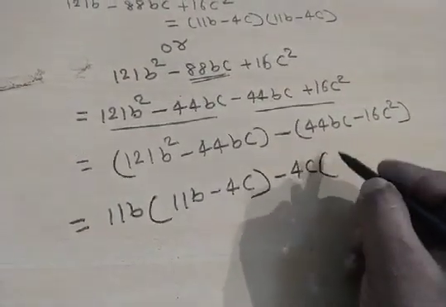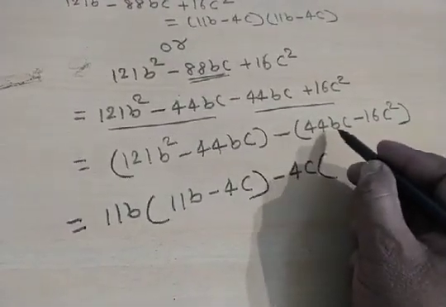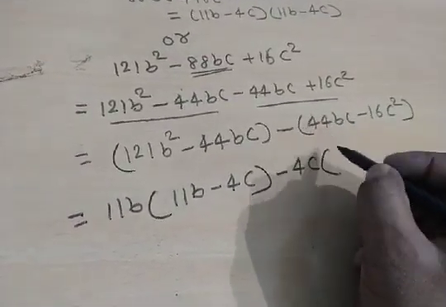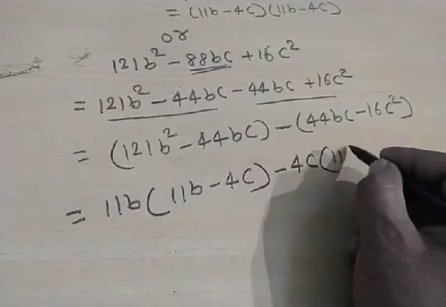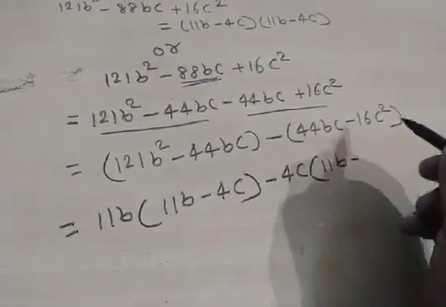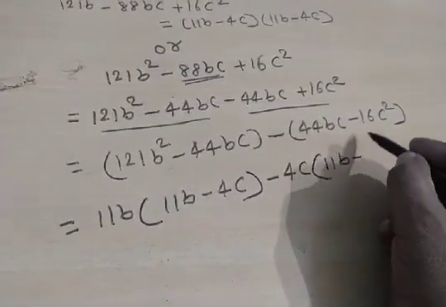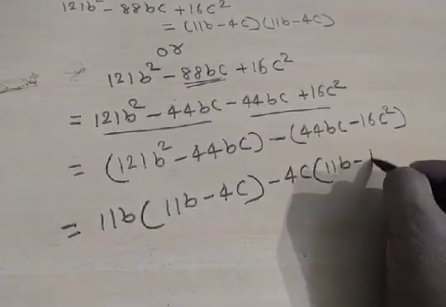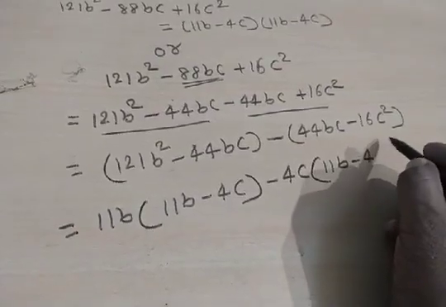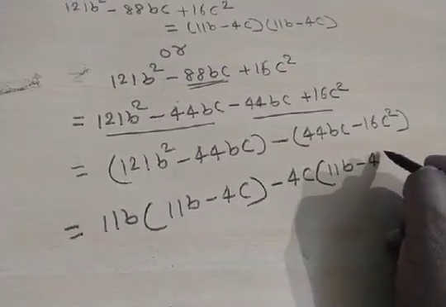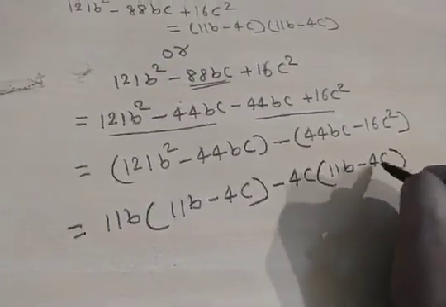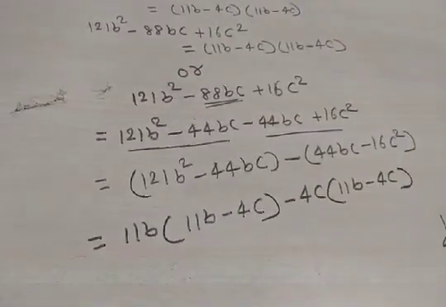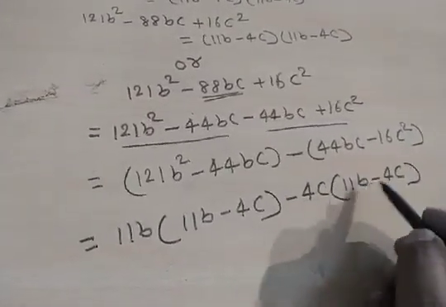If you divide this number by 4C, C cancels, 4 cancels, it will be 11B minus. Here we take common 4C. So 4 into 4 is 16, so you obtain 4, and C square means C into C, so one C is common, so you obtain single C. This is 11B minus 4C.